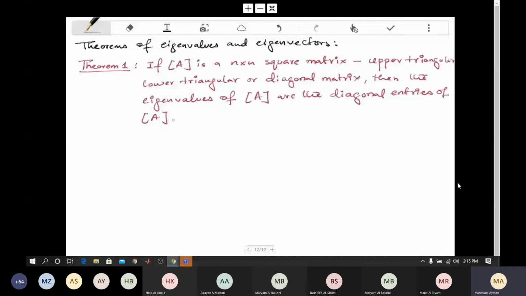So again, if you have a matrix which is an n by n square matrix and it is in the form of either an upper triangular matrix or a lower triangular matrix or a diagonal matrix, then the eigenvalues of this matrix are the diagonal entries of A. Maybe I'll show you with an example. So let's look at an example for this.